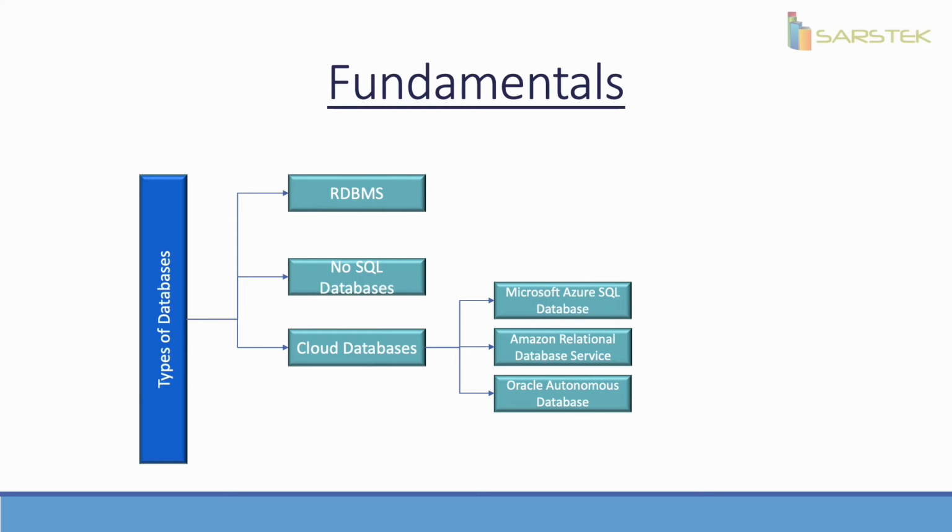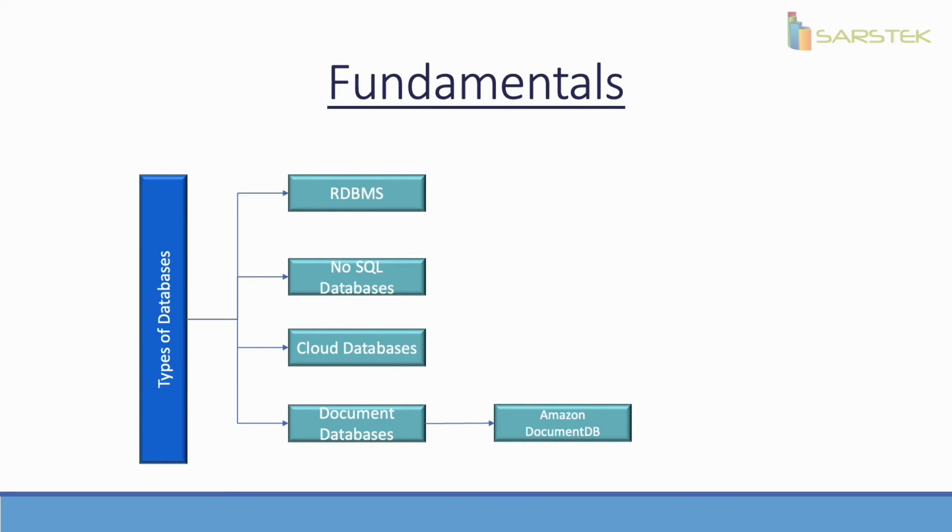Examples are Microsoft Azure SQL Database and Amazon Relational Database Service. Last is a document database, which basically keeps documents inside it. Amazon DocumentDB is an example, but we will be mostly concentrating on the RDBMS part.